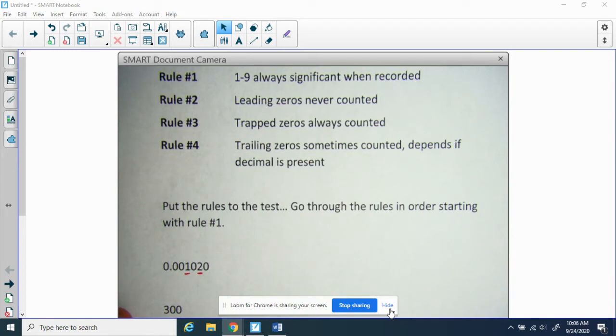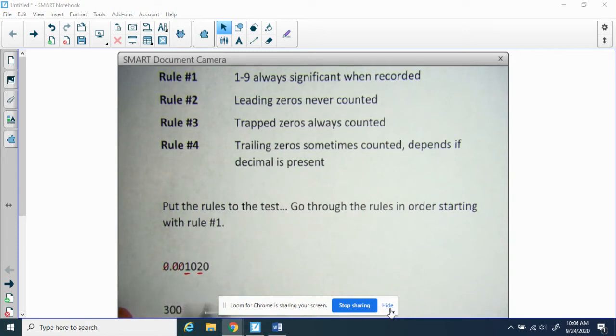Now, leading zeros are never counted as far as being significant or measured, but they are important because they hold a number place. It's the difference from 0.001 to say 0.01 or 0.1. So in terms of significant figures, they are not counted, so I draw a line through those. I'm not going to count them in my total number of significant figures because again, they are leading zeros.